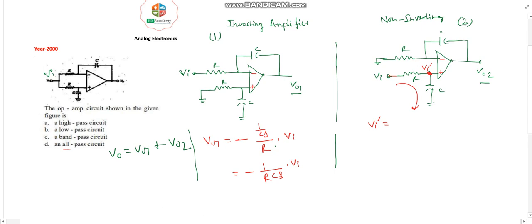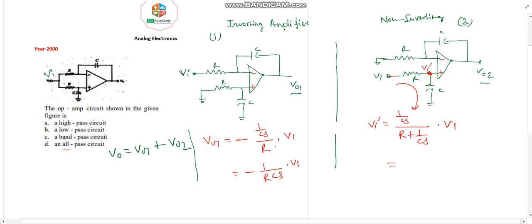So Vi dash equals 1 by Cs divided by R plus 1 by Cs into Vi, just like a resistance divider works.